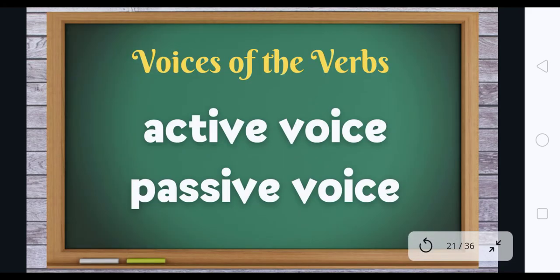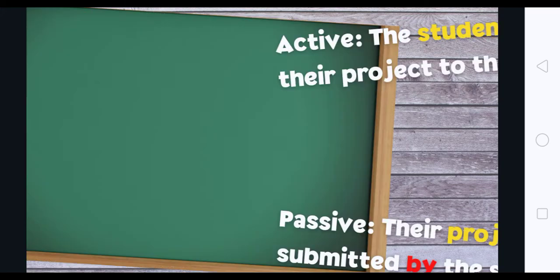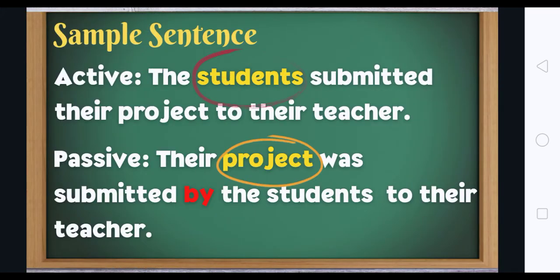There is also what we call the voices of the verbs. The active, in which the subject is the doer of the action, while passive, the subject is the receiver of the action. Let us have the sample sentence. Active voice: the students submitted their project to their teacher.